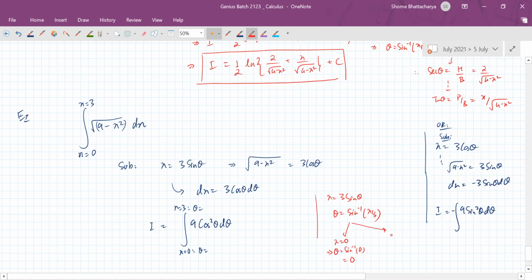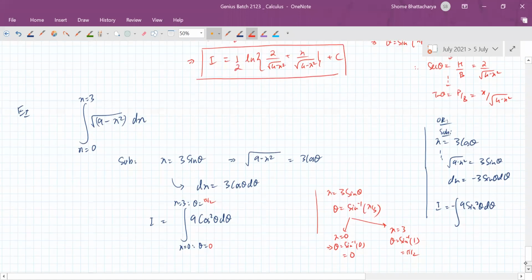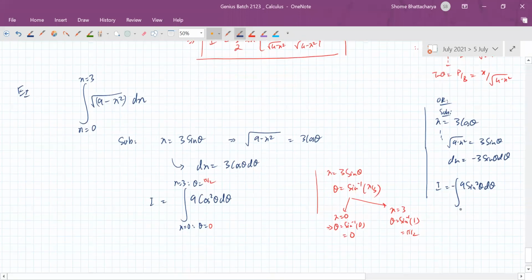And x equal to 3 implies theta equals sine inverse 1, which is pi by 2. So this goes from 0 to pi by 2. Something similar here also. Here x equal to 0 will mean that theta is equal to pi by 2, and here x equal to 3 means theta is equal to 0.